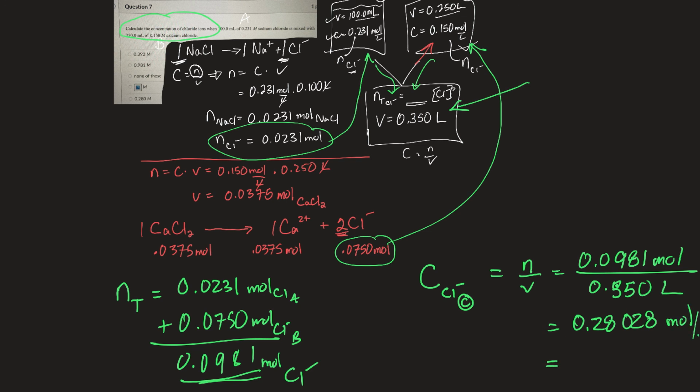So if I round to sig figs, 3, there's one that was 4. Anyway, I have to go to 3. So it'd be 0.280 moles per liter. That'll be my concentration of chloride ions. And it's that last one, right there. Okay, hopefully that helps you. Lovely question.